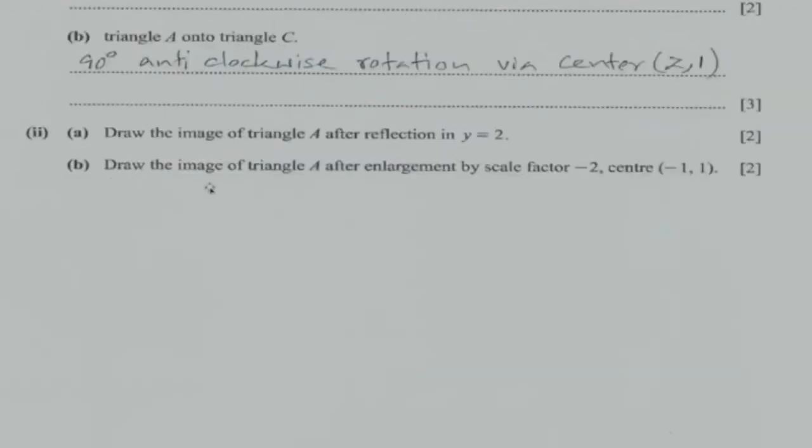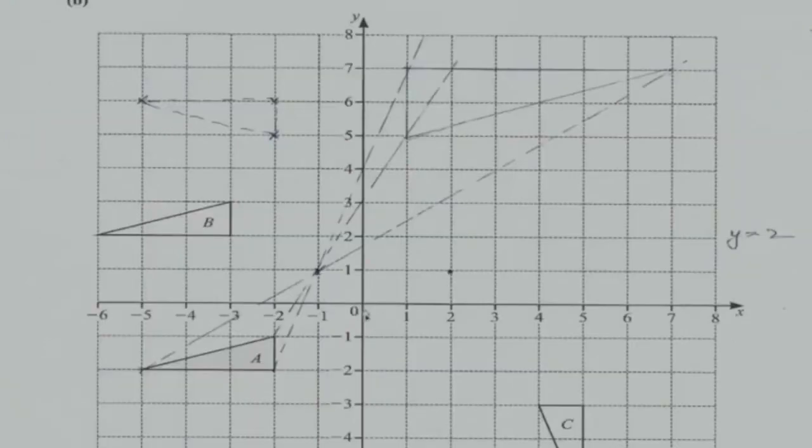The other one: draw the image of triangle A after enlargement by scale factor 2, center minus 1, 1. So through this point we can draw dotted lines like this, and this line also, going through minus 1, plus 1.